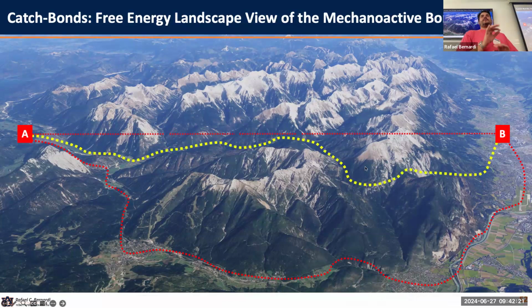Depending on the force you apply, you block the road to go around and only find these other paths. And so you're basically reducing the energy barrier to go through the mountain instead of going through the valley. That's what you see in this system. So you block one pathway and find another one. You can actually have different dissociation and association pathways, and that's what we're seeing. That's the catch bond part of the system.